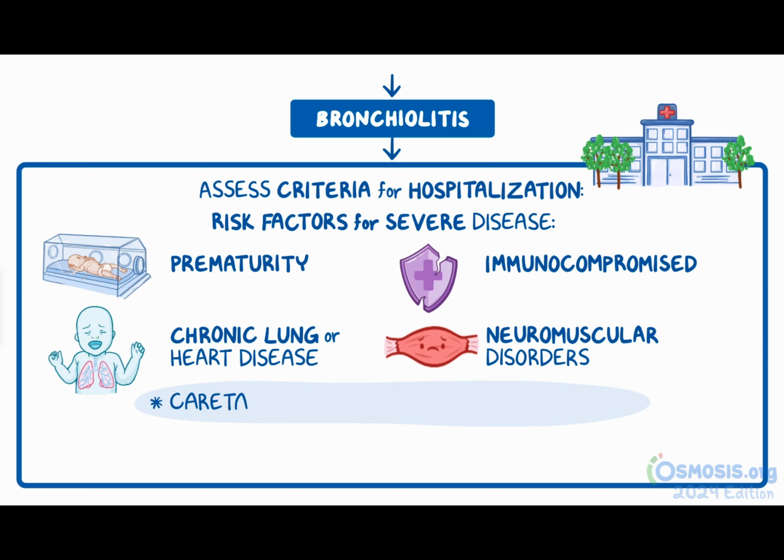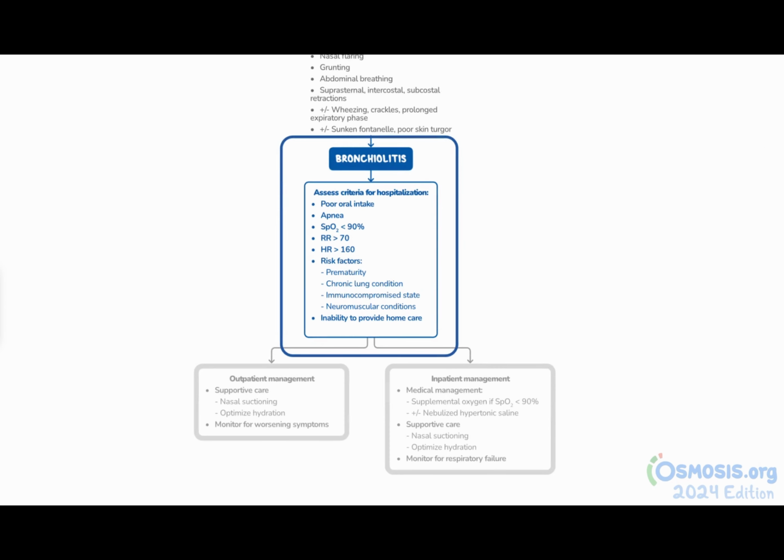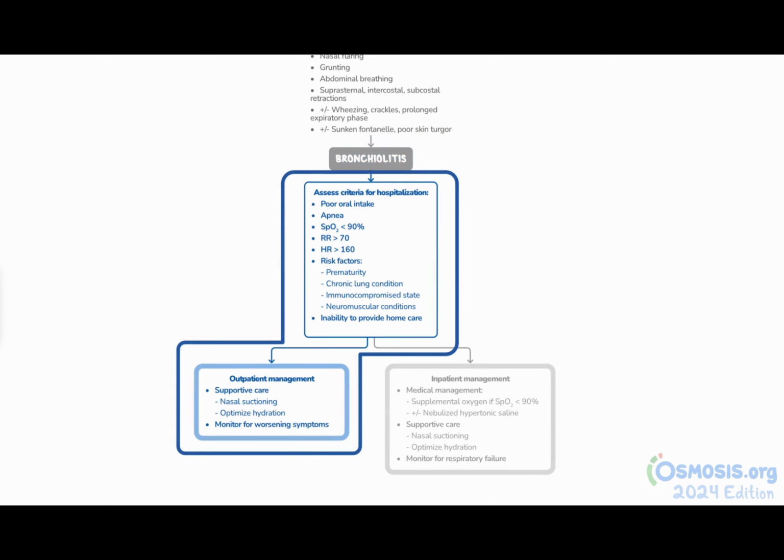Lastly, if a caretaker is unable to provide adequate care at home, hospitalization can be considered. If none of these criteria for hospitalization are met, then your patient can be managed as an outpatient.